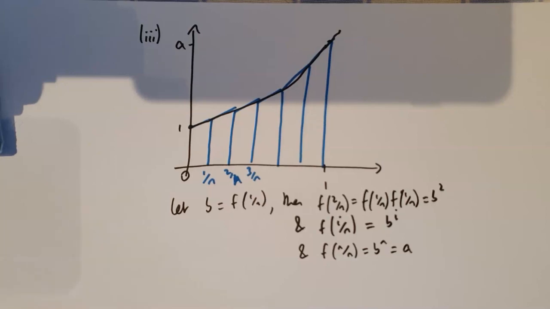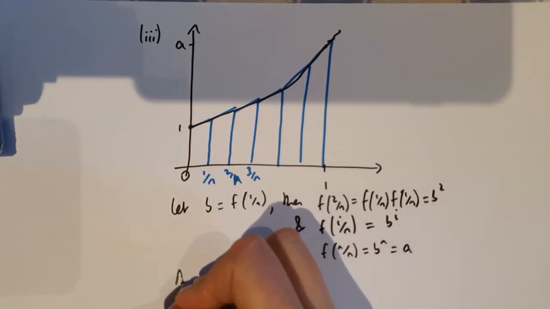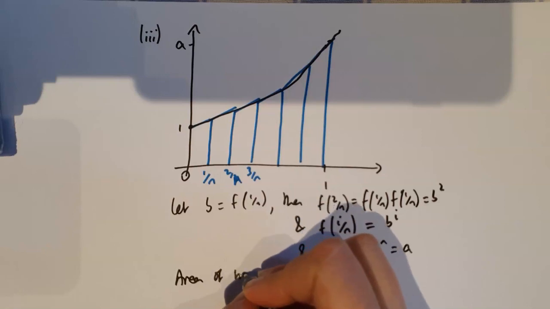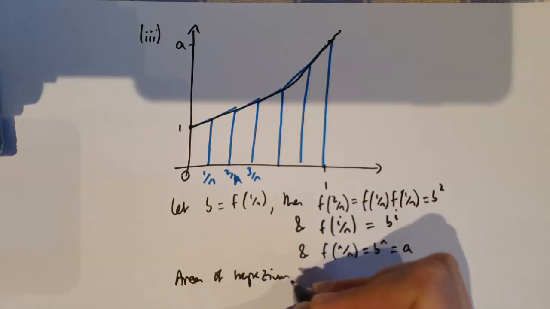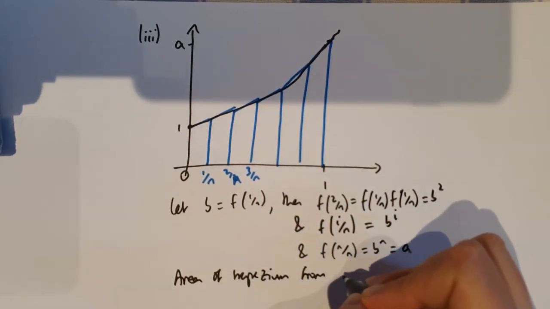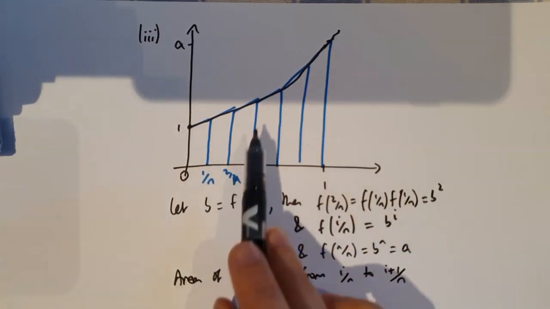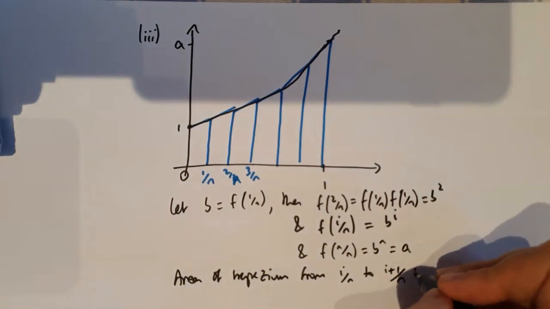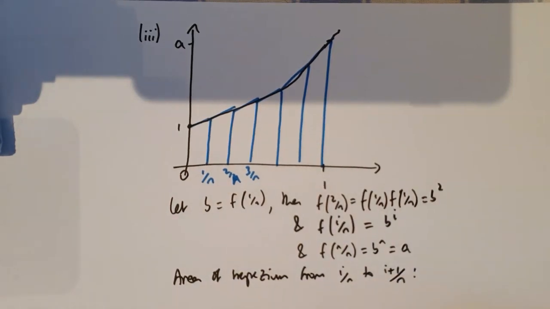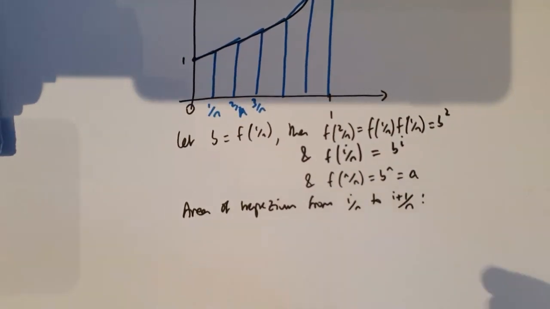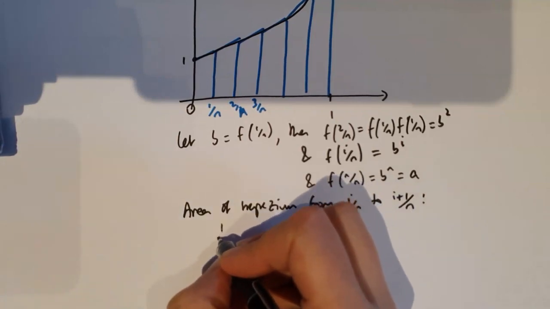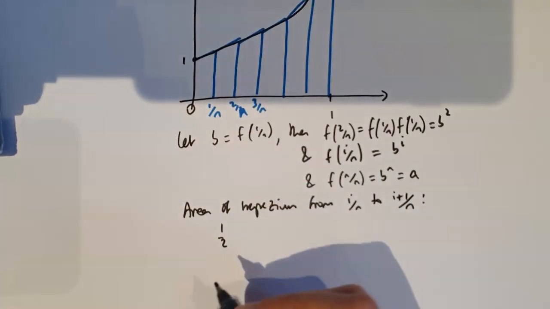So if we think about the area of the trapezium, slightly informally, from i over n to i plus 1 over n, I just mean one of these single trapezia. Hopefully you see what I mean there. How am I going to work that out? Well, I do a half, and then I need to average these heights.